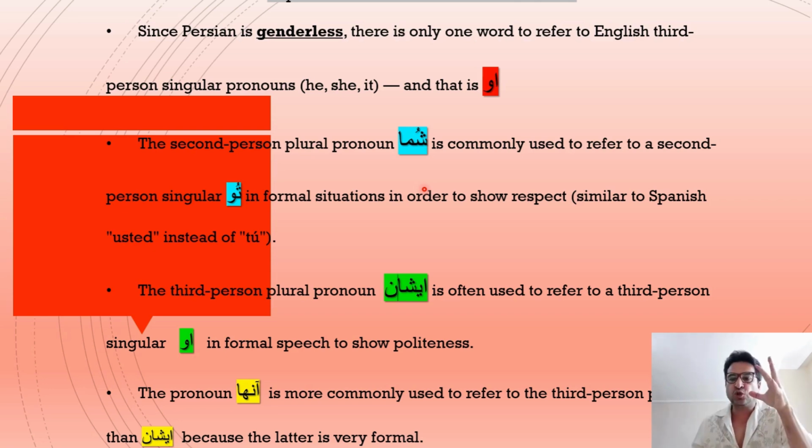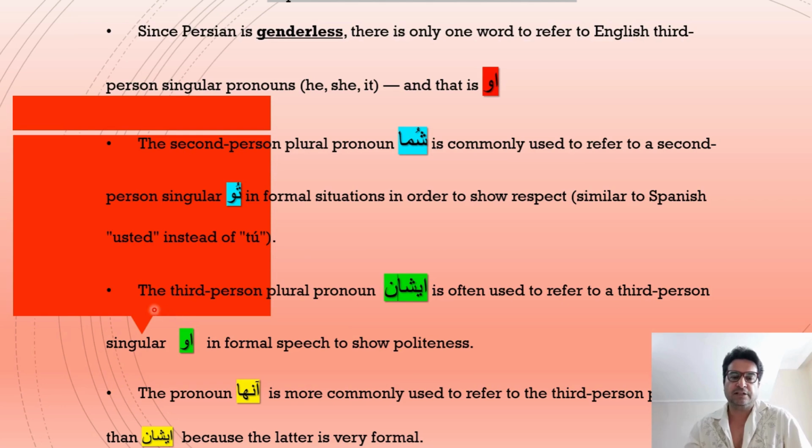So be careful with to and shomā because sometimes it is rude to misuse them. And this to is very similar to the Spanish tú, or the Latin Spanish usted. They are very similar in meaning.